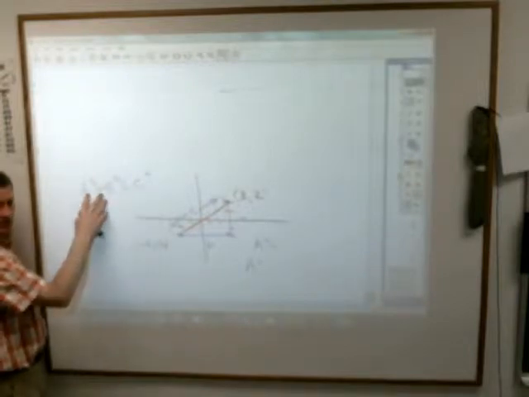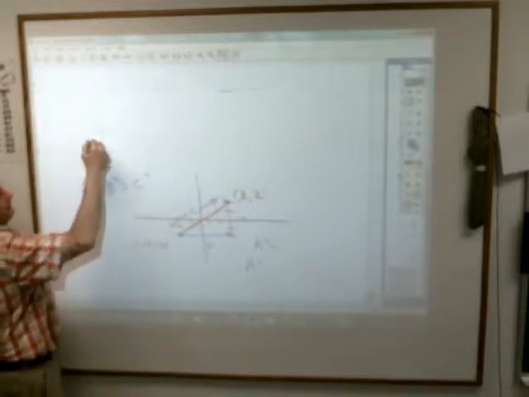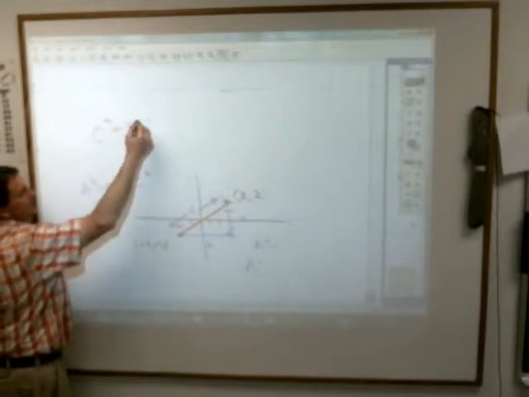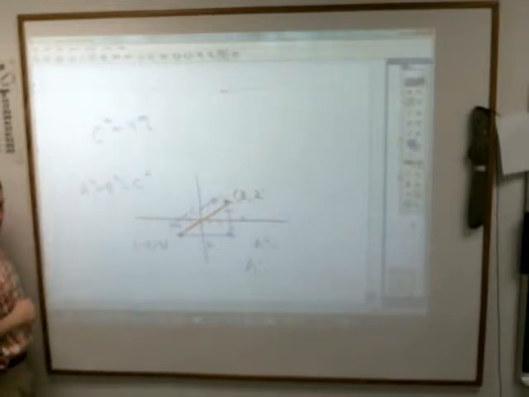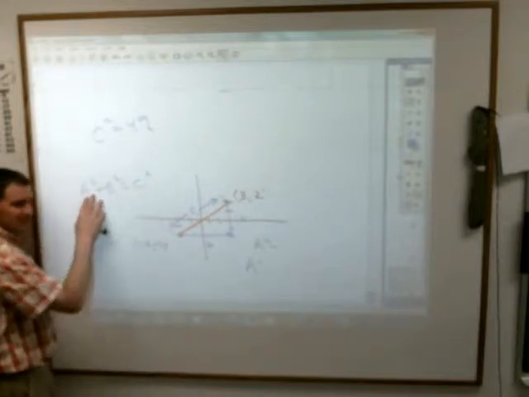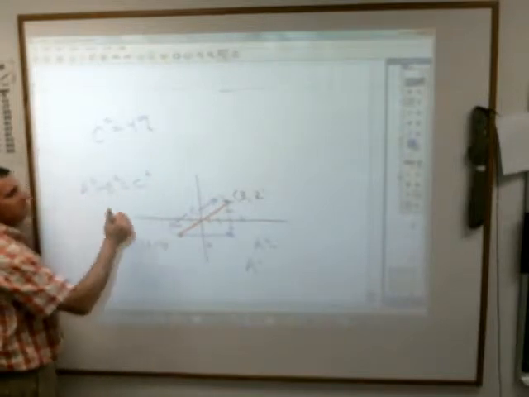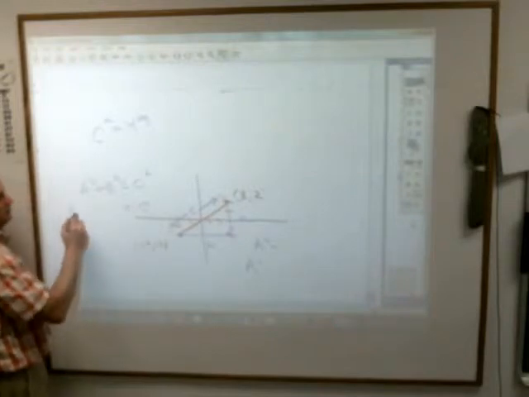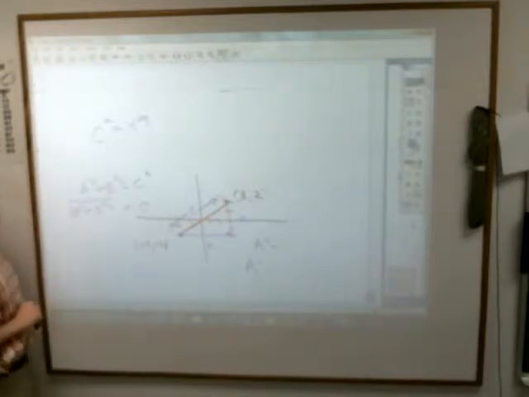Not knowing any of this other stuff, what is the letter C? How about this? If C squared equals 49, what does C equal? So if C squared equals this, what does C equal? C is going to equal the square root of a squared plus b squared.